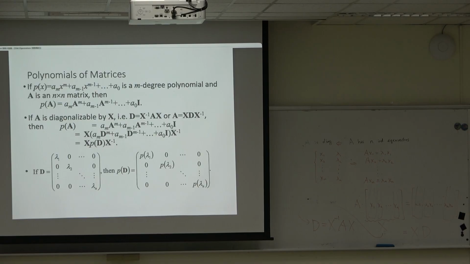But if you try to write A as X D X inverse, the first term will become X D X inverse times X D X inverse, and so on, n times.